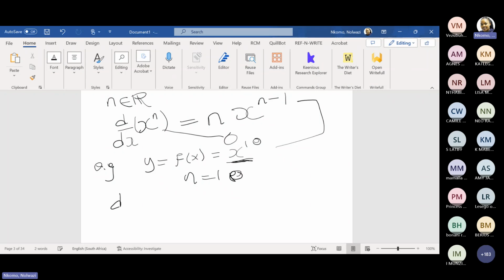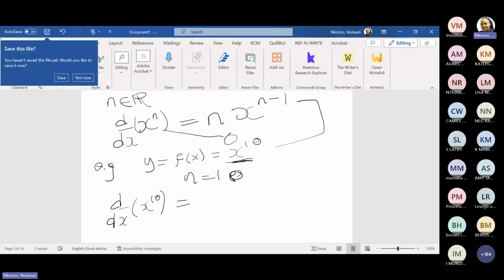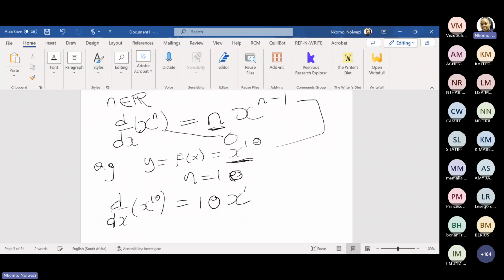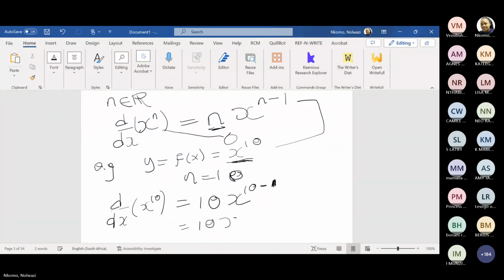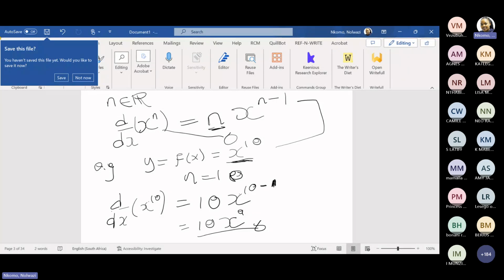So this means d over dx of x to the power 10 is equal to 10 x to the power 10 minus 1, right? And then you simplify further. This would be 10 x to the power 9. And this is your derivative if you are given your function as x to the power 10.